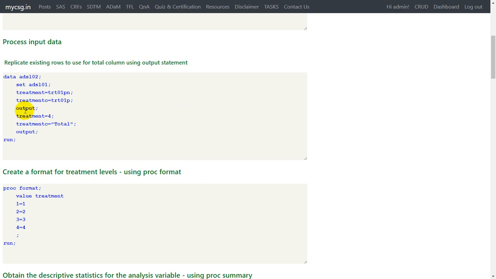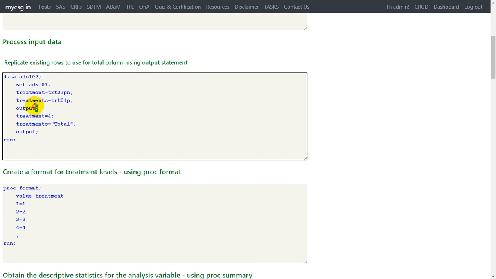For that, what I'm trying to do here is output the regular records and then output the record with a treatment value of total. So here I am creating a variable called treatment, using the values in the planned treatment numeric variable. Similarly, I am creating another variable called treatmentC, using the values in the TRT01P variable.